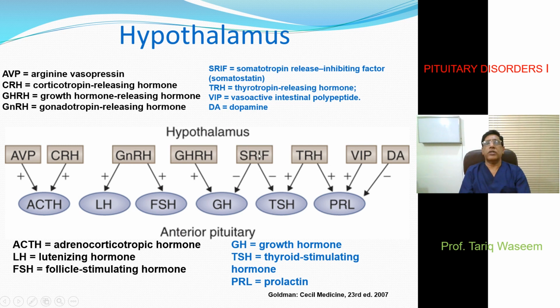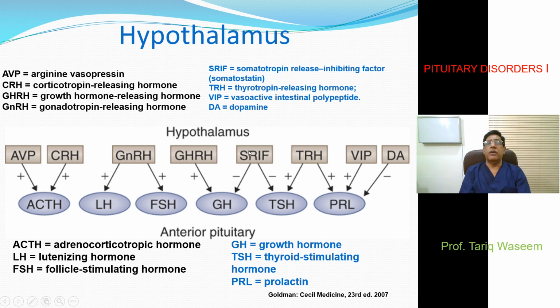And then there is somatostatin, the release inhibiting factor. You have a positive effect from the hypothalamus, and there is similarly a negative effect as well, so that this growth has to be checked, and this is somatostatin release inhibiting factor, which has a negative effect on growth hormone. So release of this hormone by the hypothalamus would lead to a decrease in release or production of growth hormone.